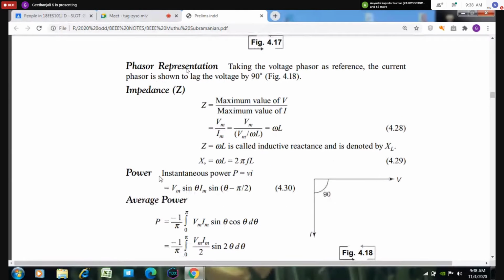Then the phasor representation. Taking the voltage phasor as reference, the current phasor is shown to lag the voltage by 90 degrees.